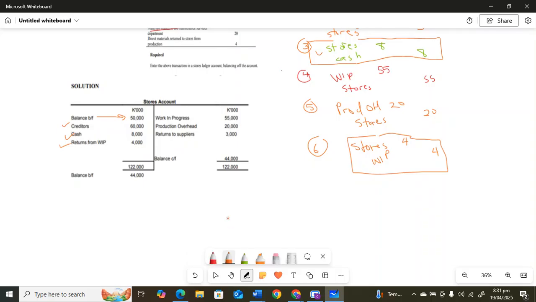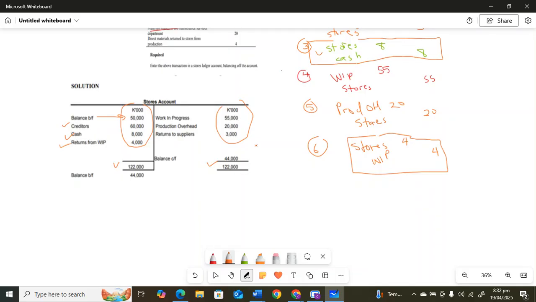Let's just illustrate for those people who might not know when watching this video. You total up both debit side and credit side. Here the debit side has a higher number, 122,000. 50 plus 60 is 110,000, plus 12,000, 122,000. So you put the total amount on both sides.